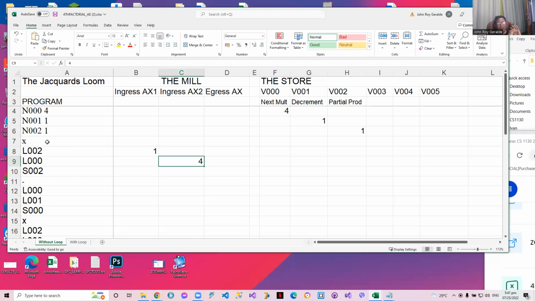And right away, after the loading of the second operand or parameter, the operation is performed. So 4 times 1 is equal to 4. So it's stored to the egress axis. Do you follow? Do you get my point?